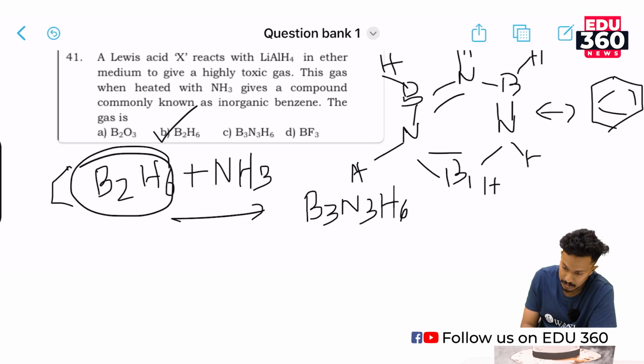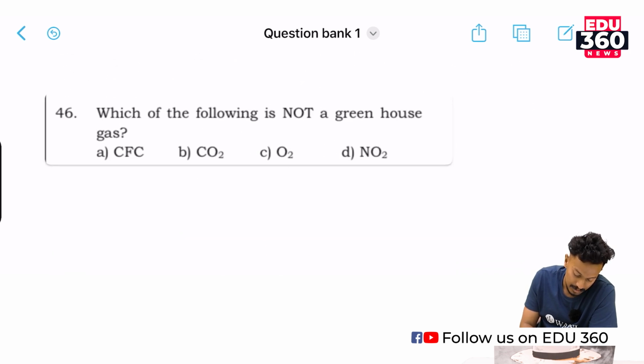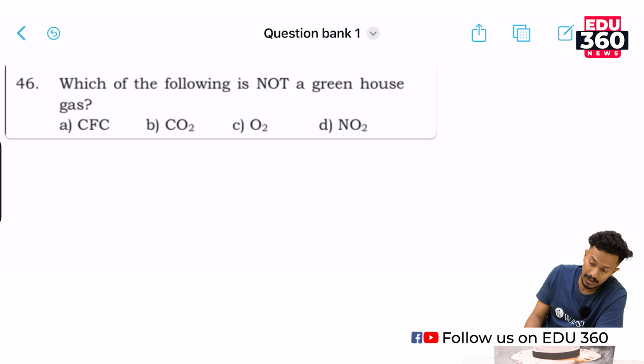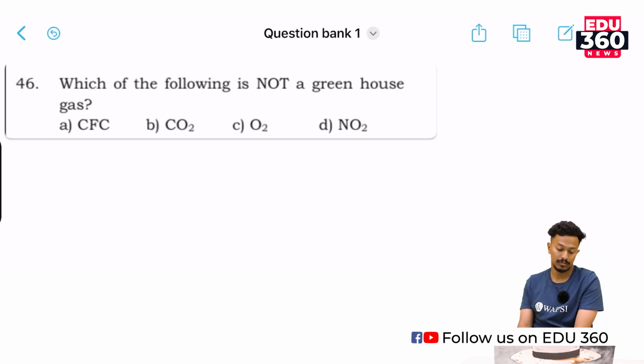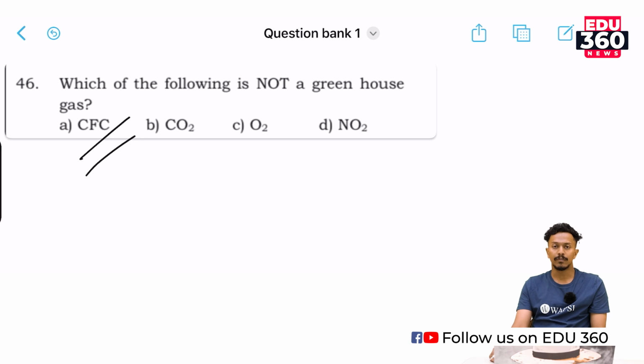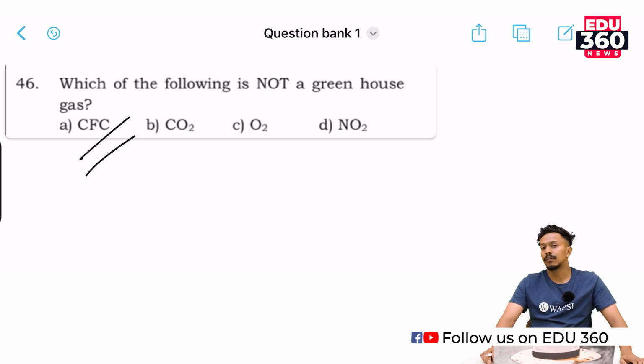We will move on to our next question. Which of the following is not a greenhouse gas? Here, chlorofluorocarbons are a greenhouse gas. We do know that they are emitted by refrigerants in our households and many other industrial areas.